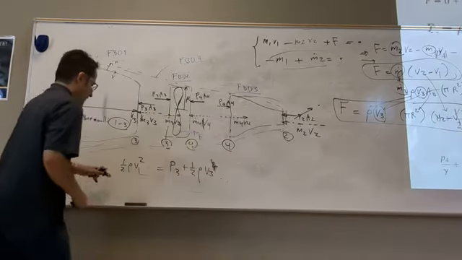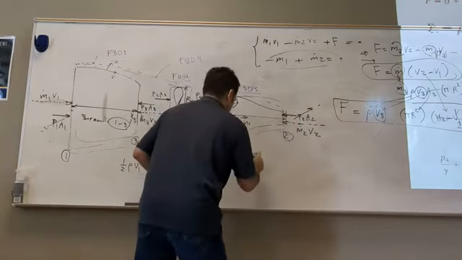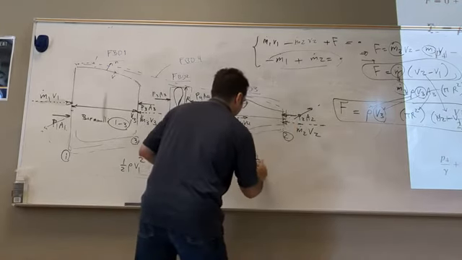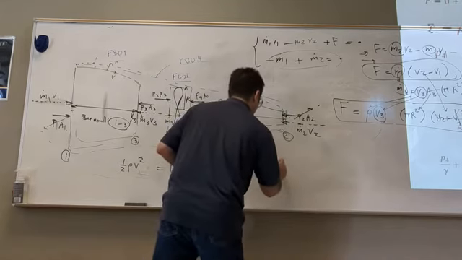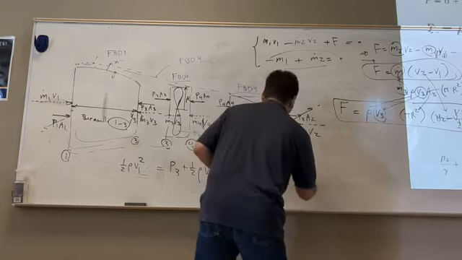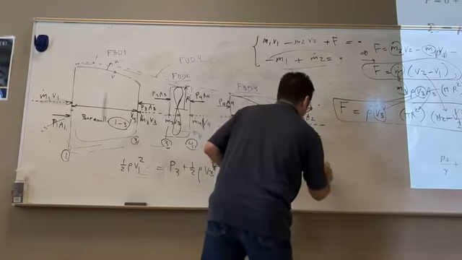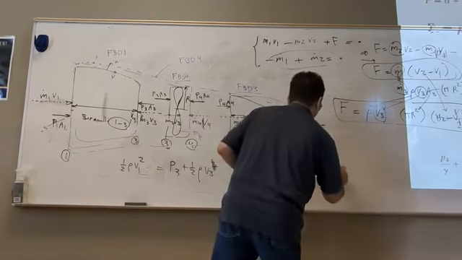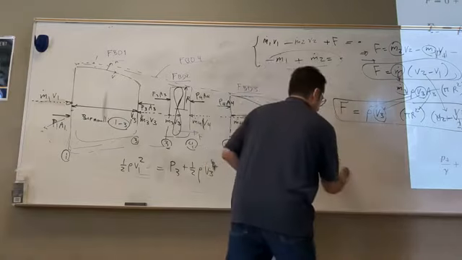Elevation is also 0. What about Bernoulli equation between these 2 points? You have 1/2 rho V4 square plus P4, there is no elevation, is equal to 1/2 of rho V2 square plus P here is also 0.